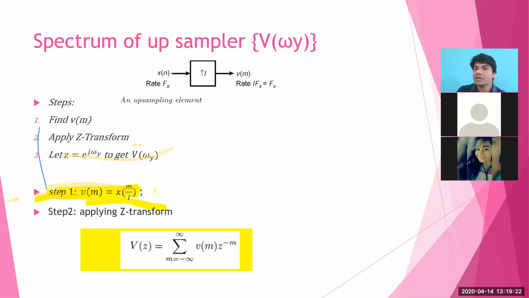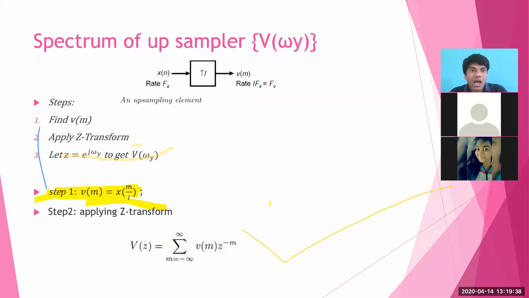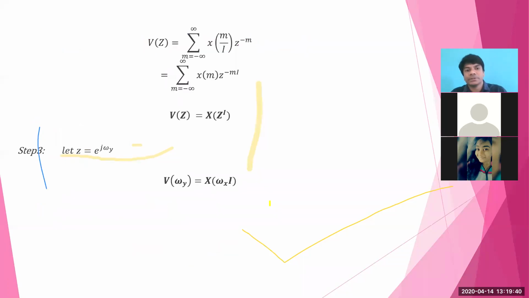This is the definition of a z transform. You take the sequence, multiply with z power minus m or n, and apply summation over minus infinity to plus infinity. So here we are doing that, and in the next step, as you can see, this step is important, and just look at the step right above it.